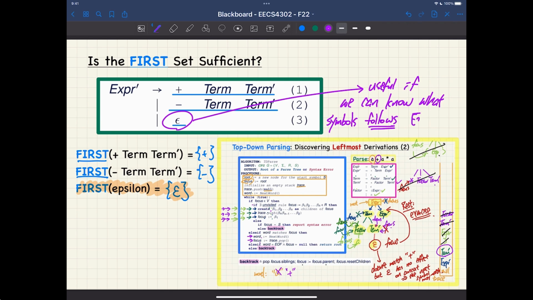Follows expression prime. Okay? So this is the new bit that we're going to learn before we can actually have a backtrack-free grammar. Right? So we have done the first, and we have seen the motivation for the first not being sufficient. So now we're going to talk about another new set called the follow set, and we're going to calculate it. The way it's going to be calculated is not too bad.